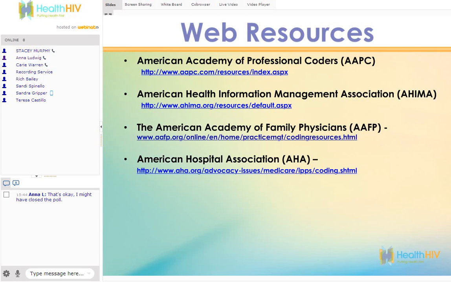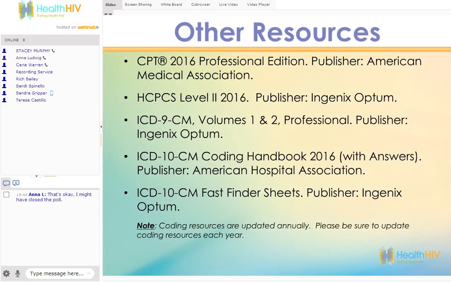In the meantime, here are the web resources that were used, additional web resources that were more related to coding: AAPC, AHIMA, the American Academy of Family Physicians, American Hospital Association. Other resources, very important that your practice ensure that you're using current coding books.